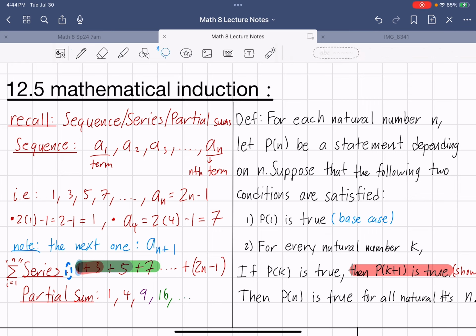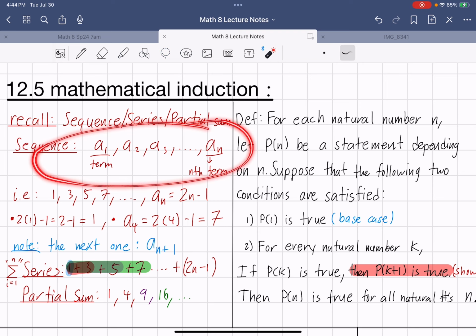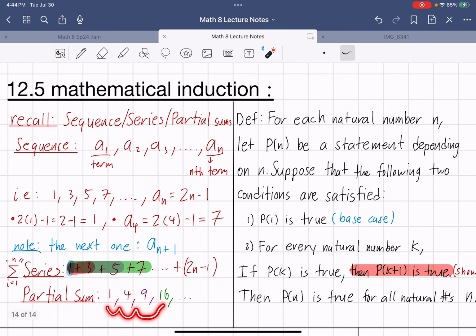So what's happening here is I'm showing that the partial sums form a sequence. There's a pattern in the way things sum, and the pattern is actually n squared. Because if you notice, 1 squared is 1, 2 squared is 4, 3 squared is 9, 4 squared is 16. So again, we have a sequence.